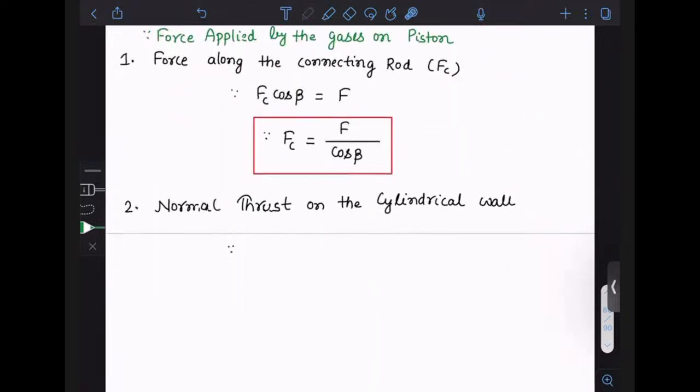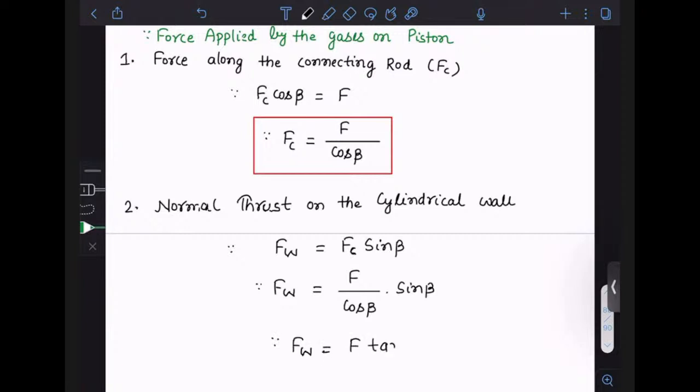So the force on the wall is Fc sine beta. And you know that Fc, the force along the connecting rod, is F, the combustion force, divided by cos beta, into sine beta. So here Fw is equal to F tan beta, correct?